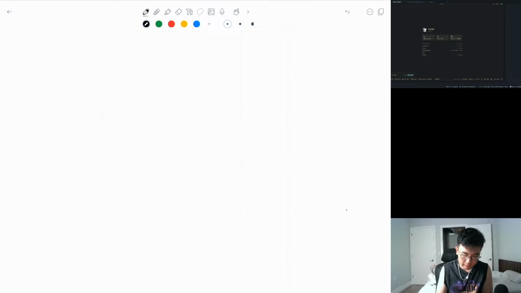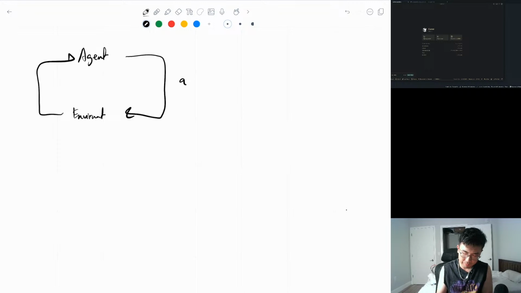What that means is you generally have some agent interacting with the environment, and the agent can make decisions. So you have states, actions, rewards, and transitions.